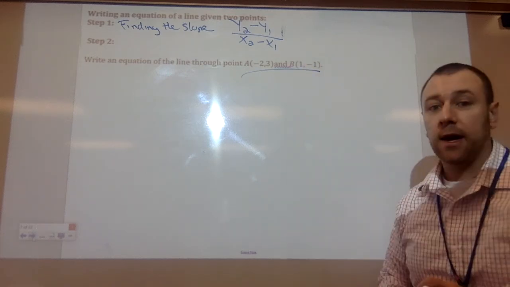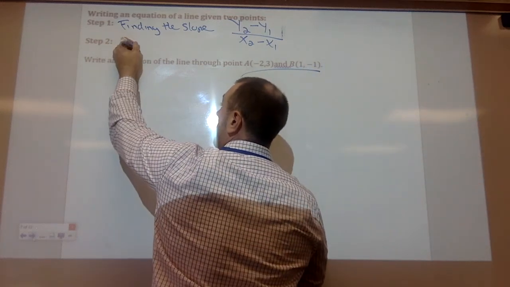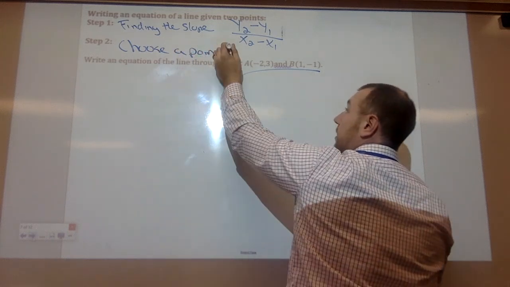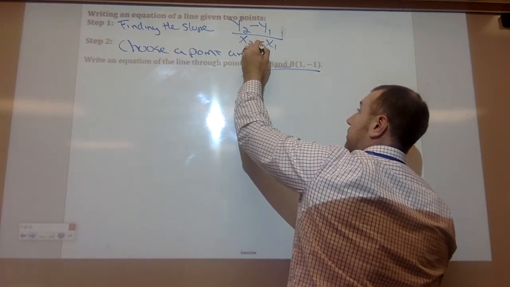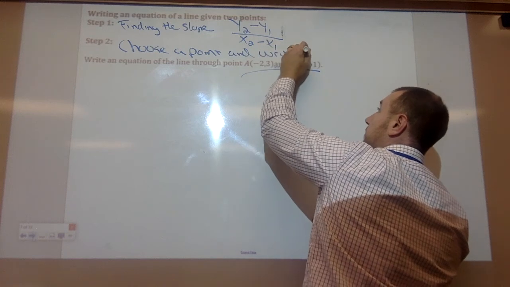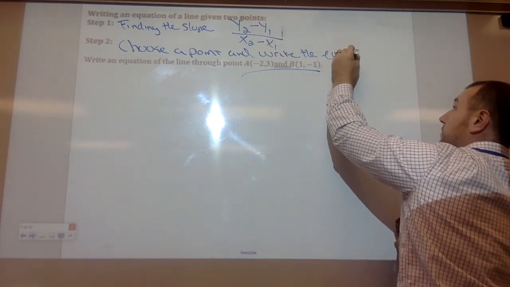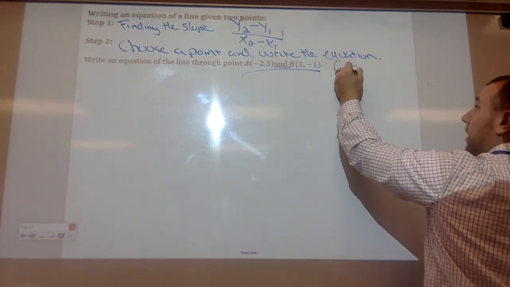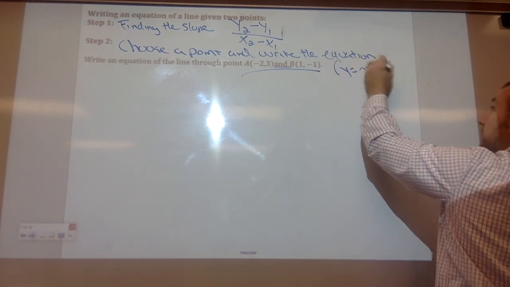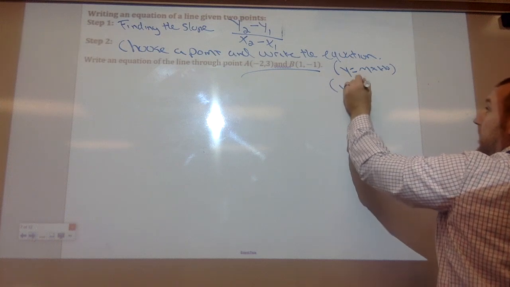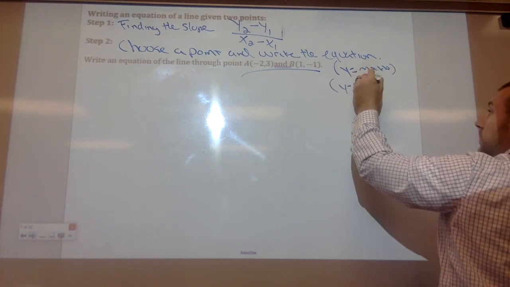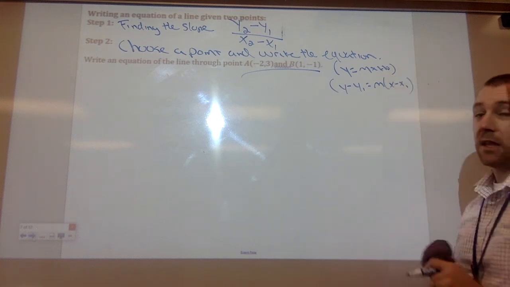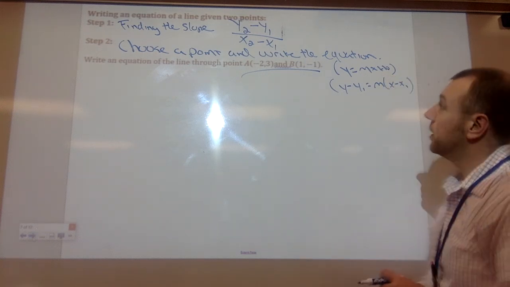After I do that, I choose a point and write the equation. That is using y equals mx plus b, or the point-slope method of writing the equation.